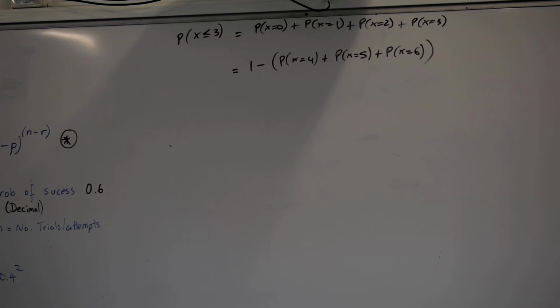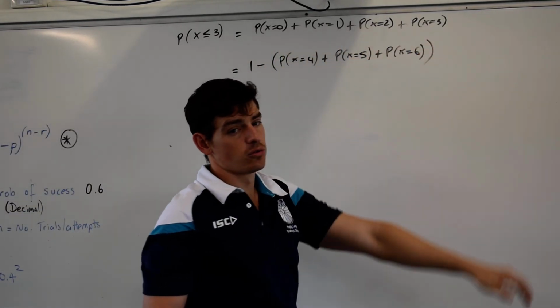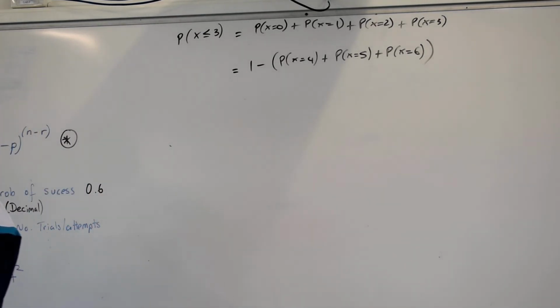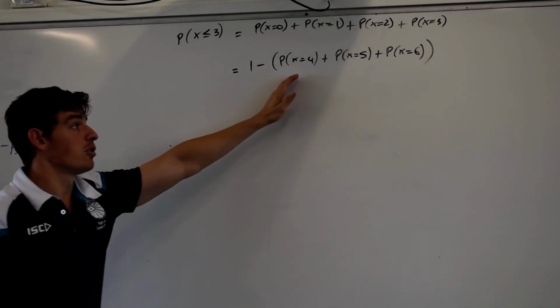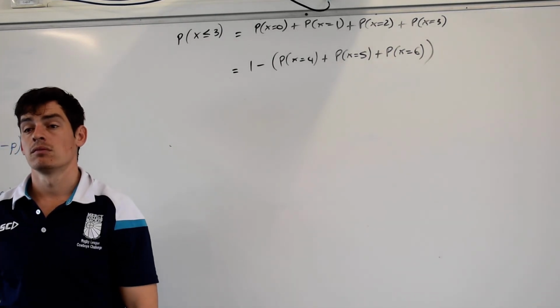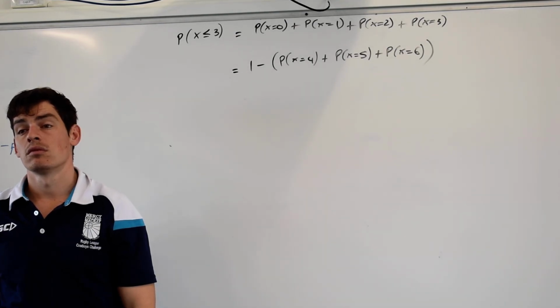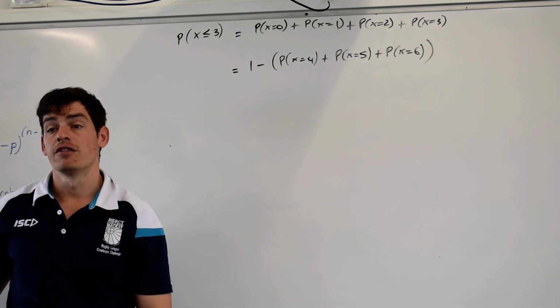Why is it 1 minus that? Because I can either add up all the individual probabilities, or I can say 1 minus the probability that doesn't occur. So these are all the other possible scenarios. What if it's asking you to calculate the probability that there was no less than 5 shots? Less than 5 shots.